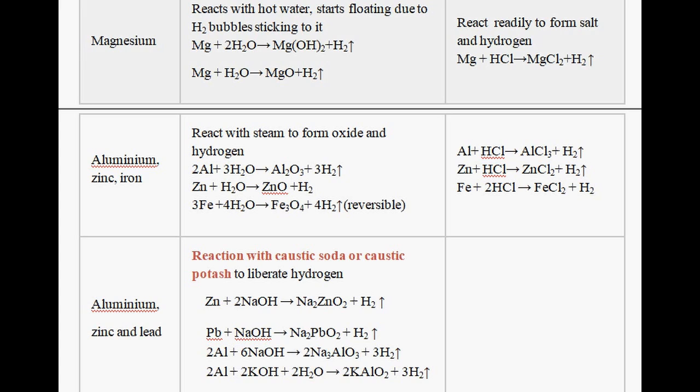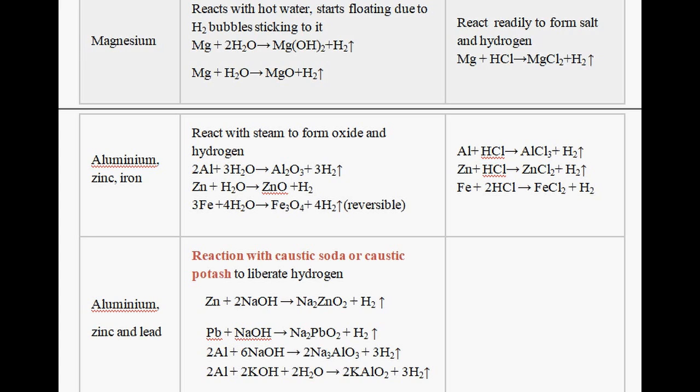Aluminium, zinc and iron react with steam to form oxide and hydrogen. Aluminium combines with steam, forms aluminium oxide and hydrogen. Iron also combines with steam, forming iron oxide and hydrogen, but in the case of iron, the reaction is reversible. Elements aluminium, zinc, iron can also displace hydrogen from the acids.